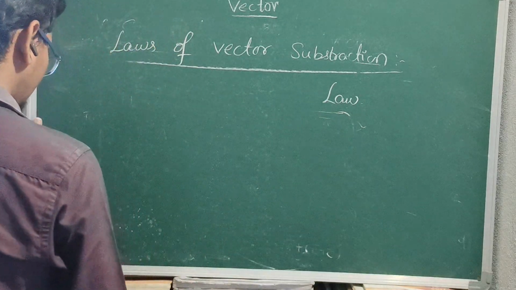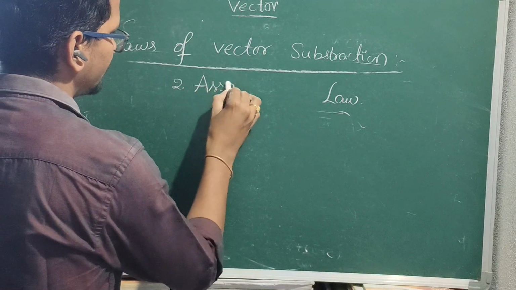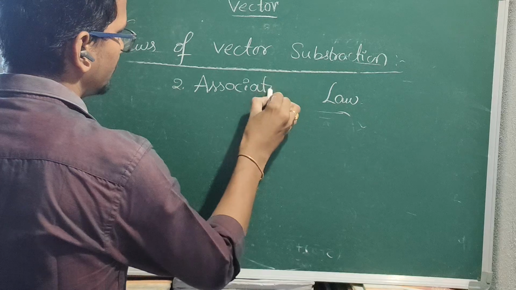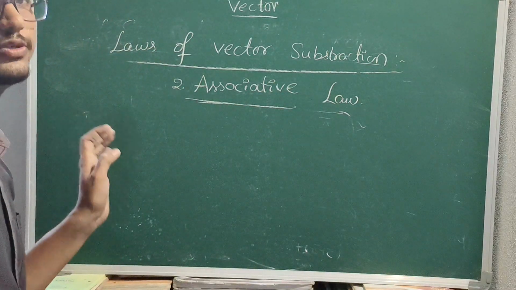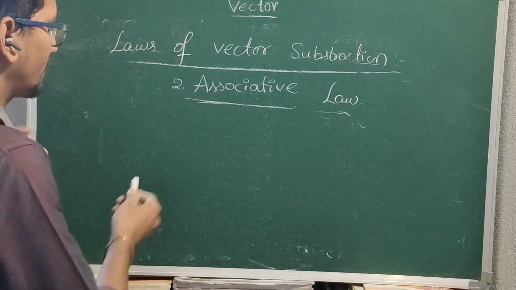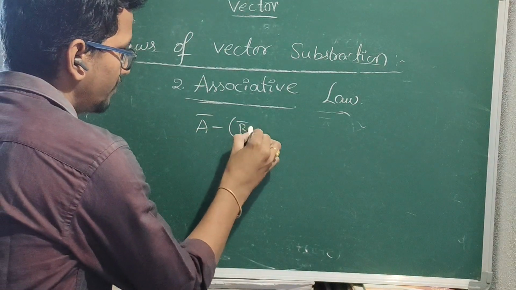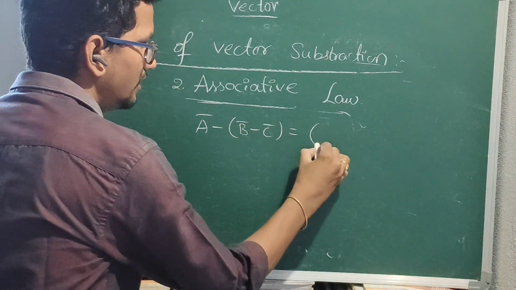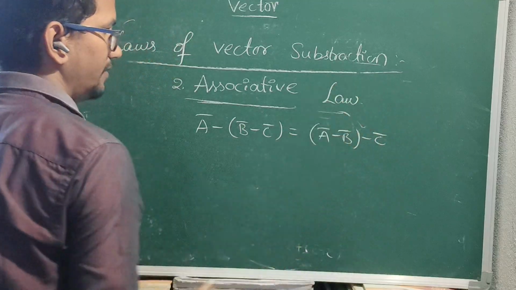The second one is the associative law. Okay, what is the associative law? See, A bar minus B bar minus C bar is equal to A bar minus, B bar minus C bar.